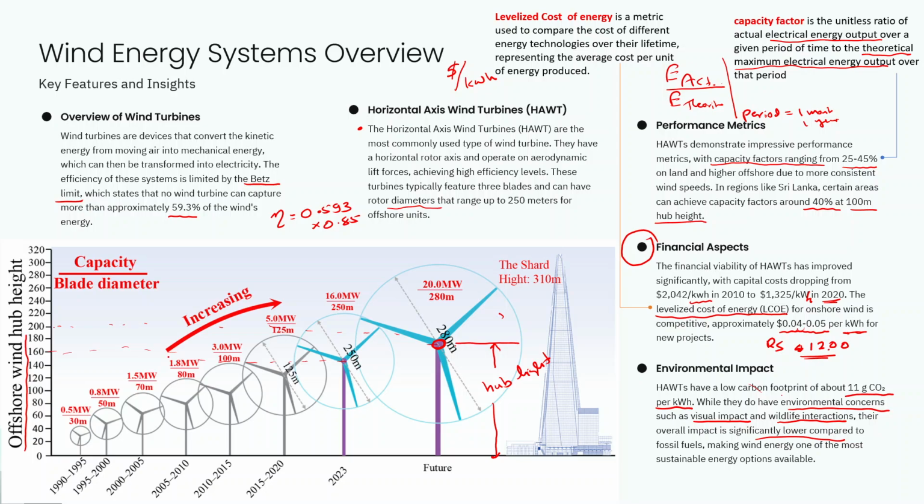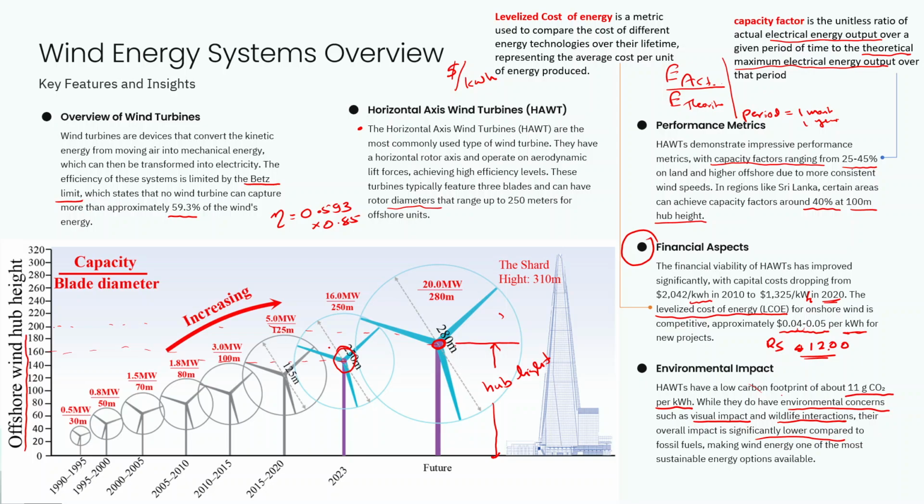So the operation and maintenance would be much more difficult at these levels. The generators, gearbox and everything is up here.